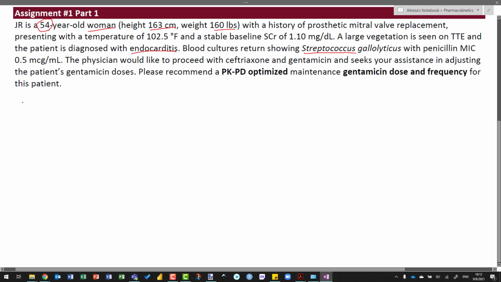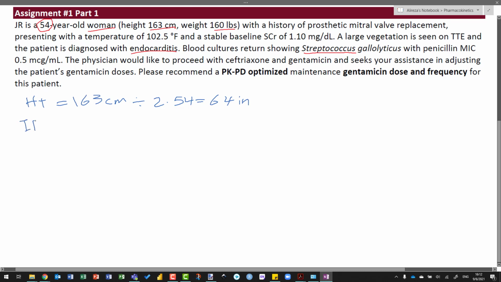Now, right off the bat, let's do some basic calculations. The height of the patient is 163 centimeter, and this should be converted to inches. So if you just divide by 2.54, then you get 64 inches. Now you can use this to calculate ideal body weight.